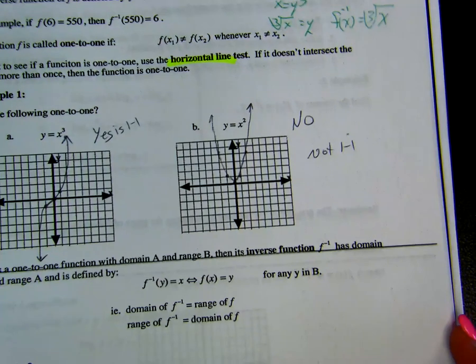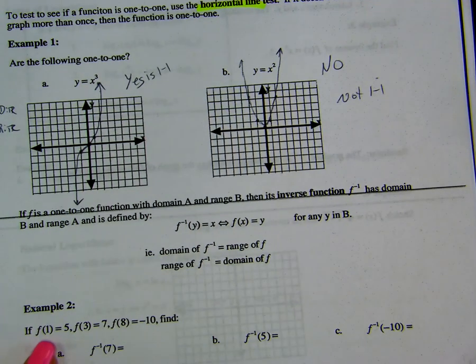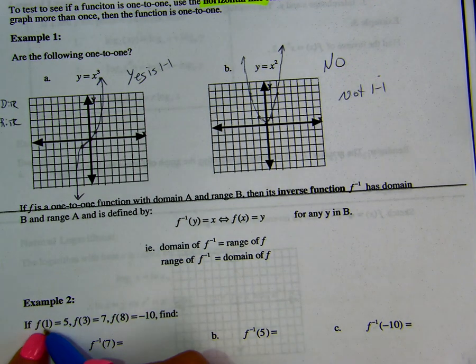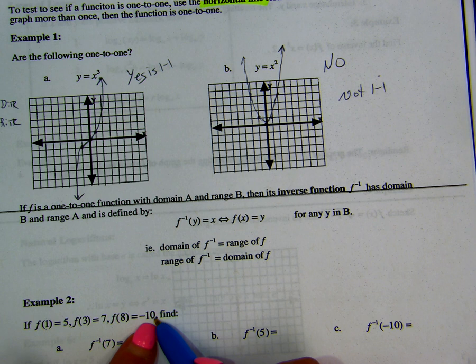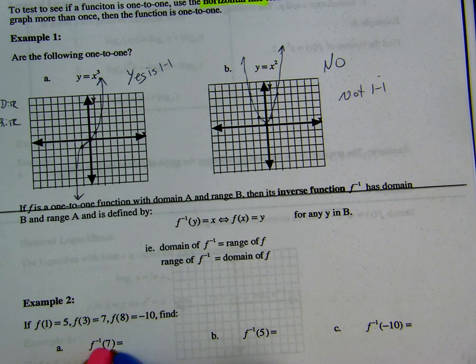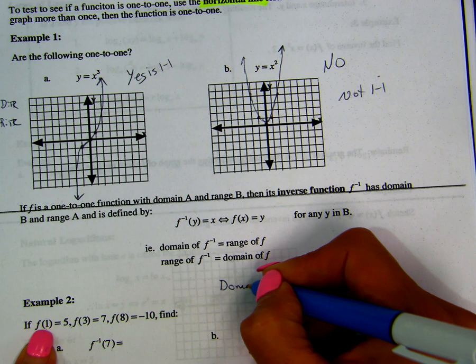Okay, so let's take that and look at some specific numerical examples. If the function at 1 is 5, and the function at 3 is 7, and the function at 8 is negative 10, what's the inverse at 7? Well, this particular function has this in its domain.